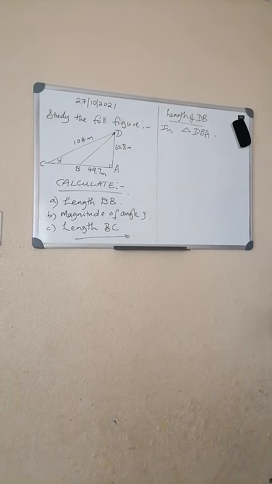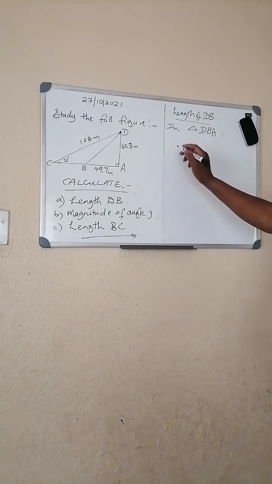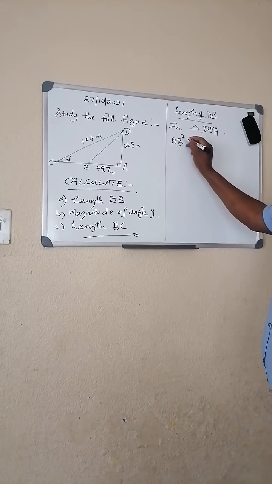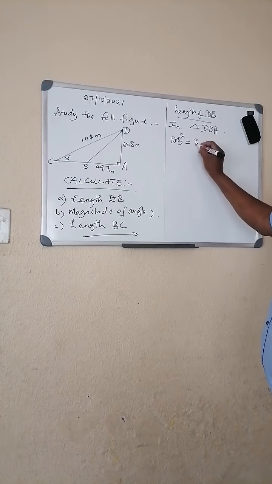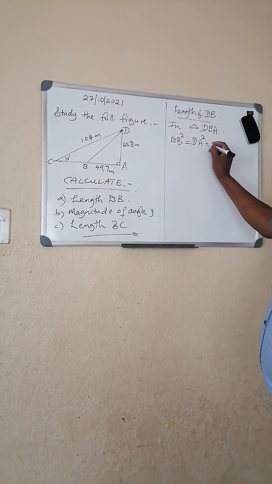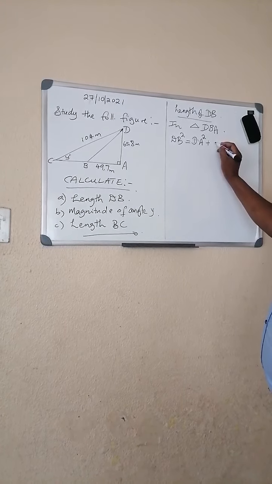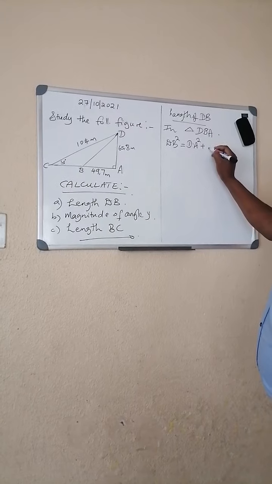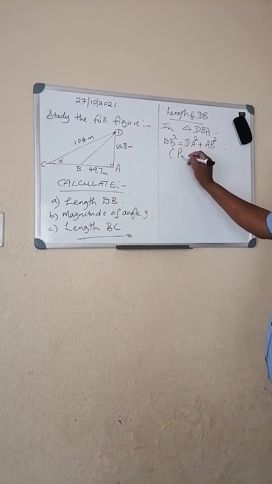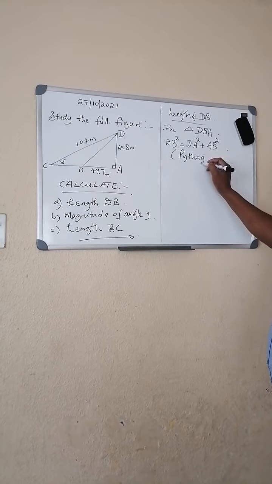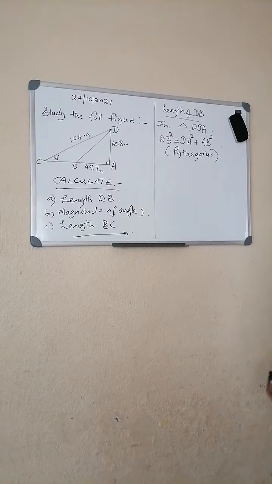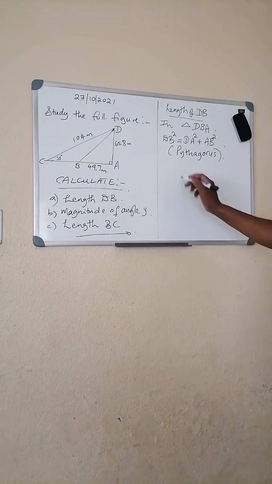In triangle DBA, I have DB squared equals DA squared plus AB squared. Why am I saying this? This is our Pythagoras. This is our powerful Pythagoras.